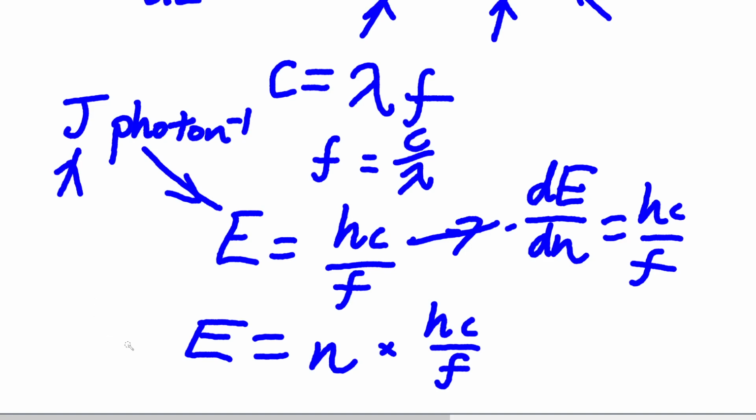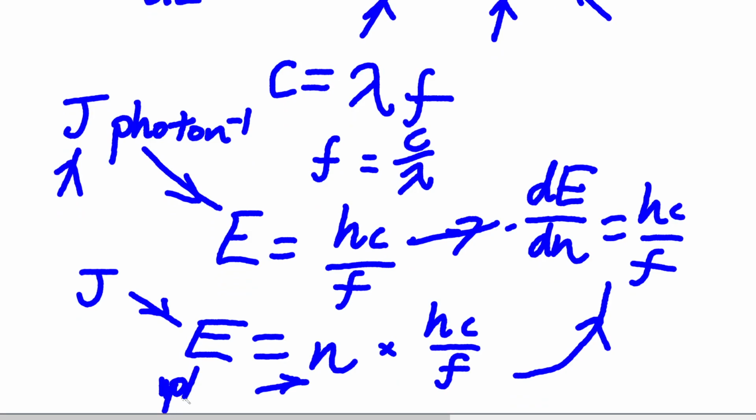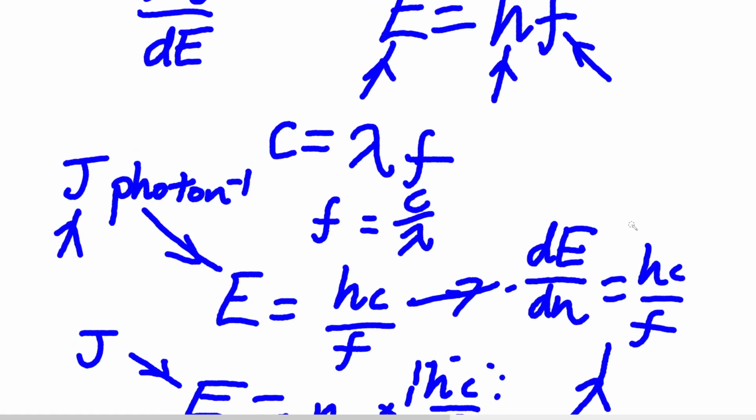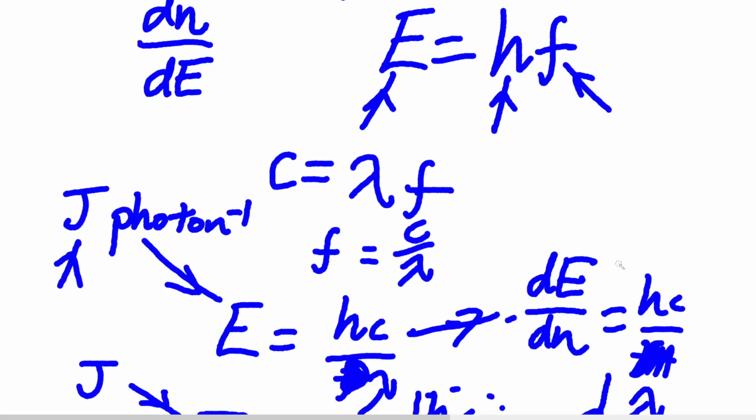We could also consider a more mathematical route of differentiating both sides of this equation with respect to n, when we talk about a total amount of energy and a number of photons involved in units of photons, and that ratio that links them together. But anyway, we come back to the idea that it's hc over lambda.